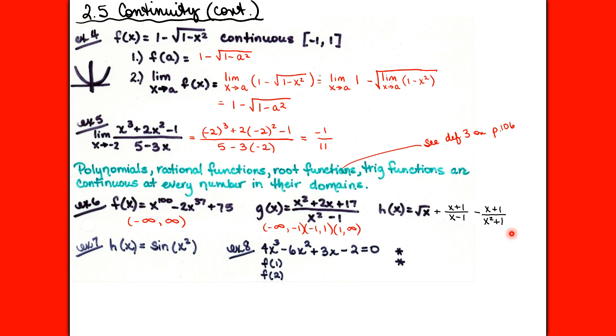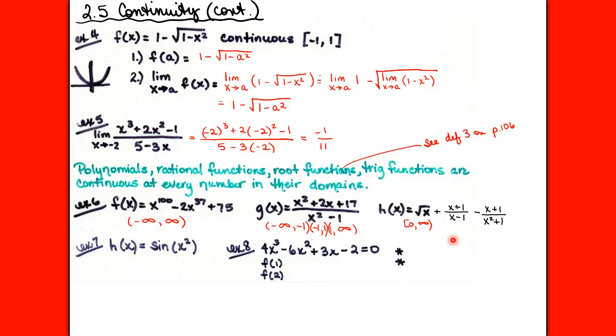All right, so let's think about the domain for this guy. What is this? Yeah, it's a root function, and we've said that root functions are continuous within their domain. So for the domain, we're going to take what's under the radical and set it greater than or equal to 0. So 0 to infinity. All right, what is this? Rational. Rational functions are continuous within their domain.